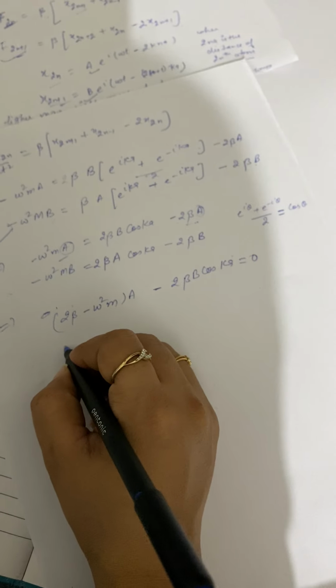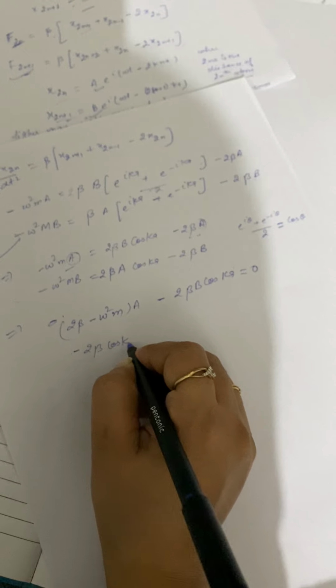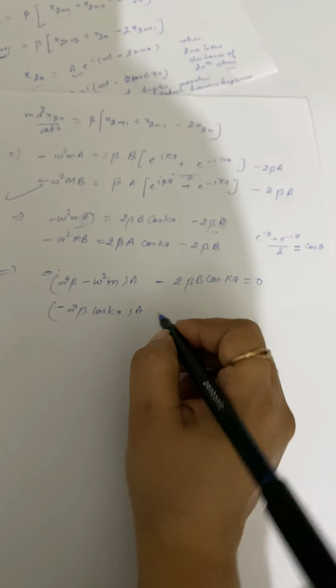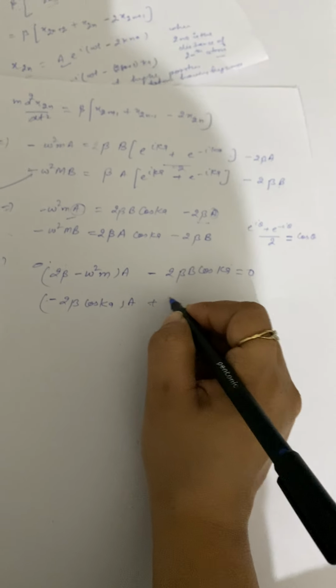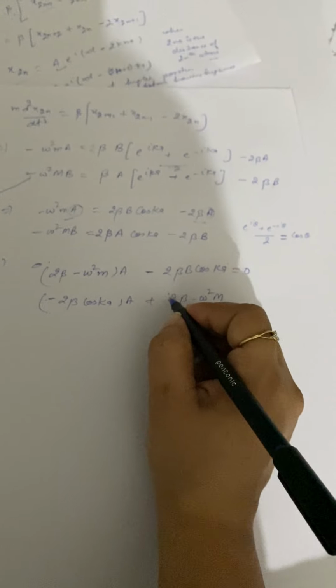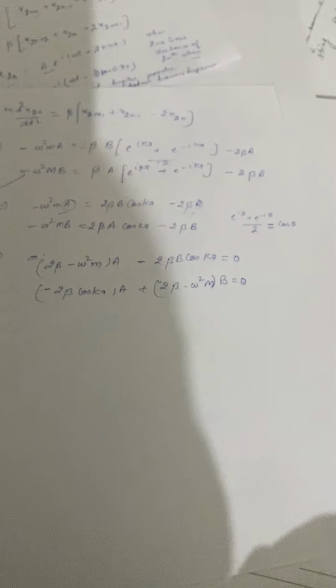Similarly for the second equation: minus 2 beta cos ka into a plus twice of beta minus omega square capital M times b is equal to 0.